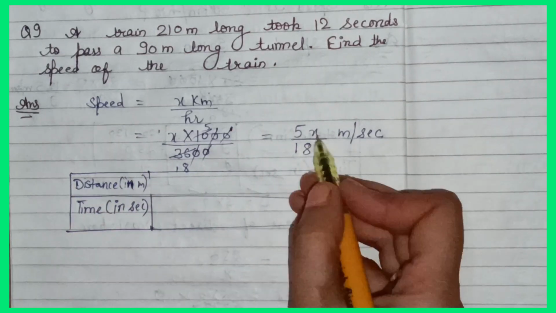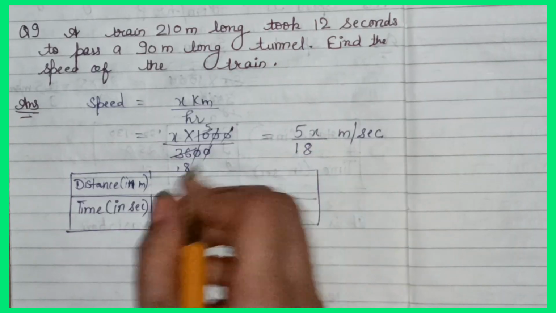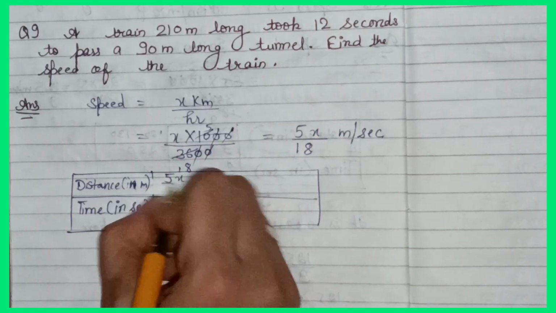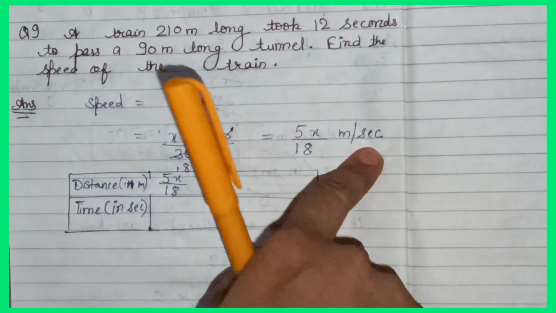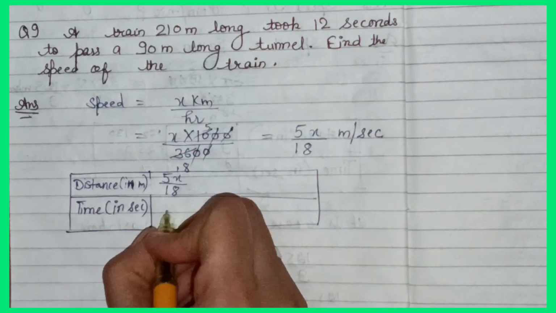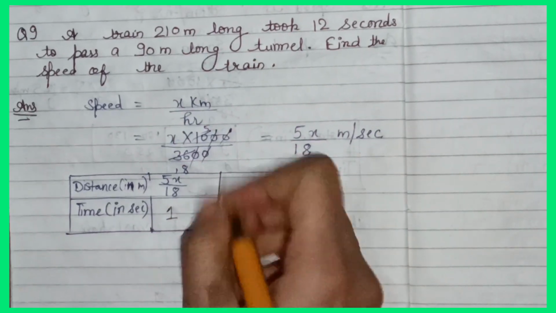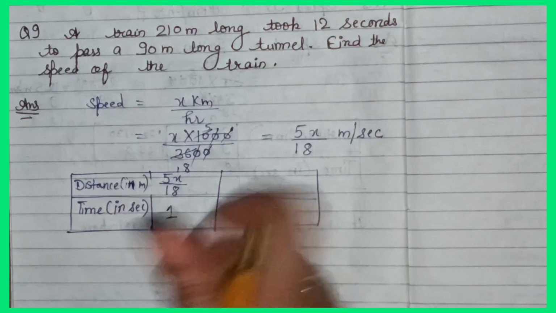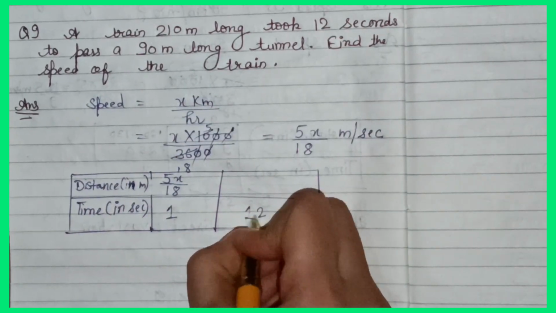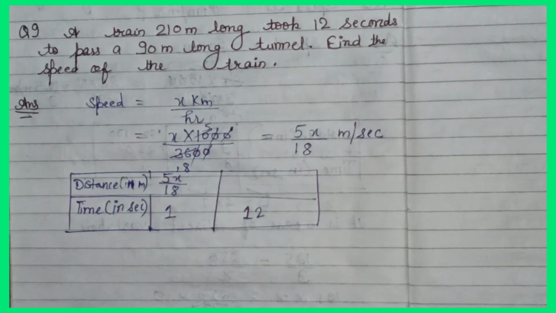So from here I write 5x upon 18 as the distance, and the time is per second, meaning 1 second. Now 12 seconds is given, so I write 12 in the time in seconds. Now we have to find the distance covered in 12 seconds.